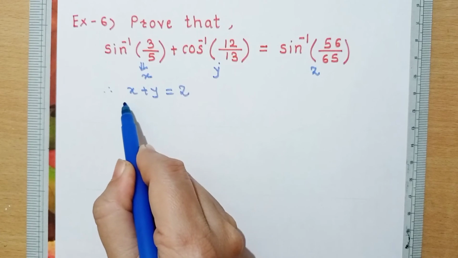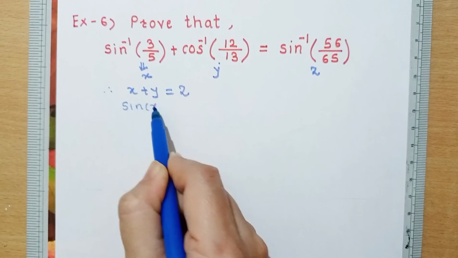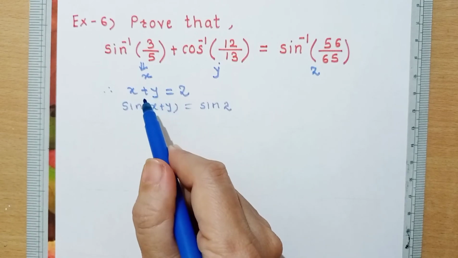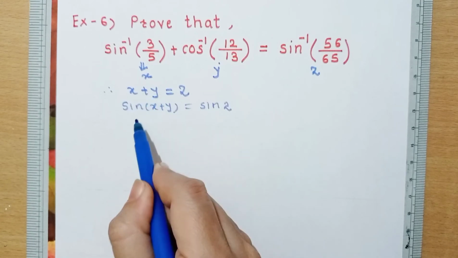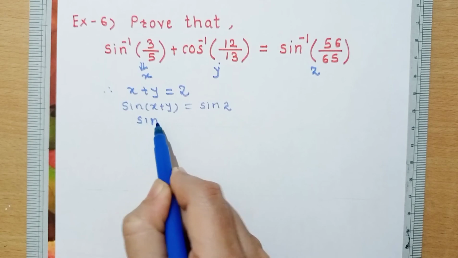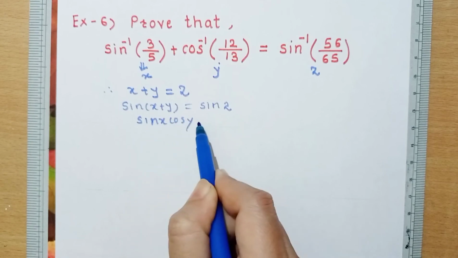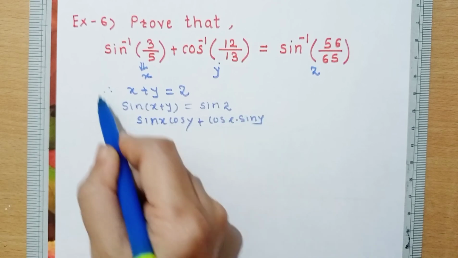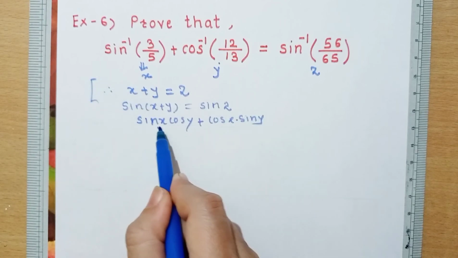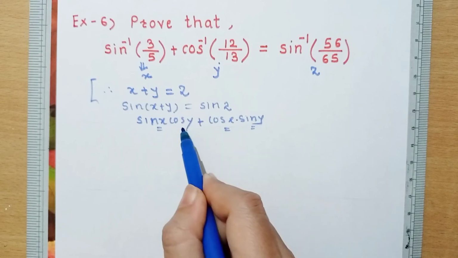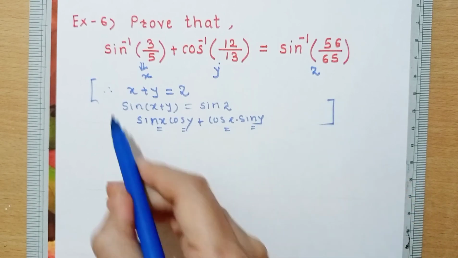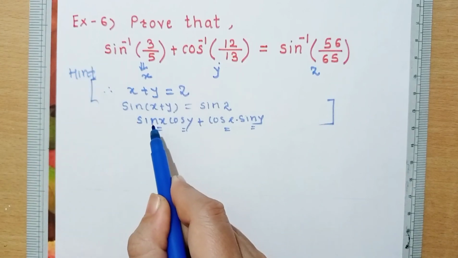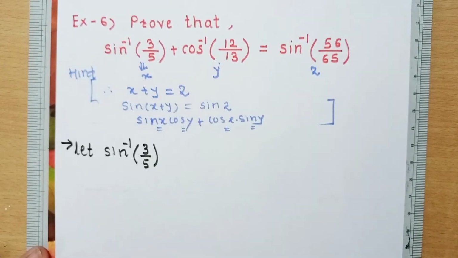So we will prove that sine of x plus y equal to, then we will get this step. So again sine of x plus y means sine x into cos of y plus cos of x into sine of y and so we have to find out sine x, cos x, sine y, cos y separately. So you have to take this as hint and first we will find out these values.